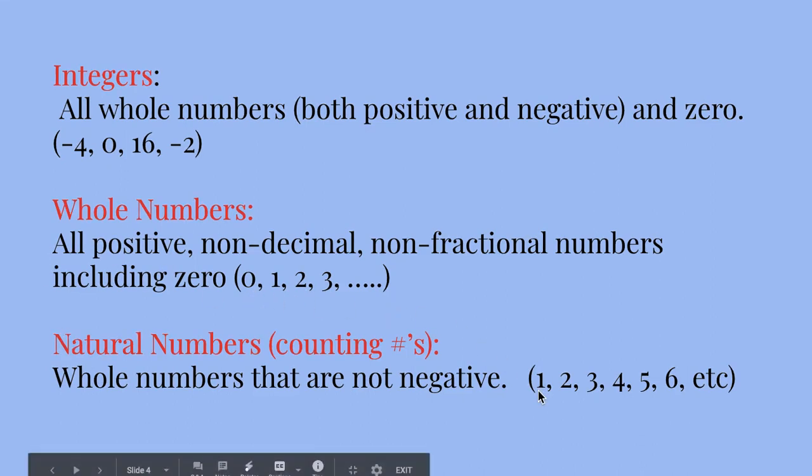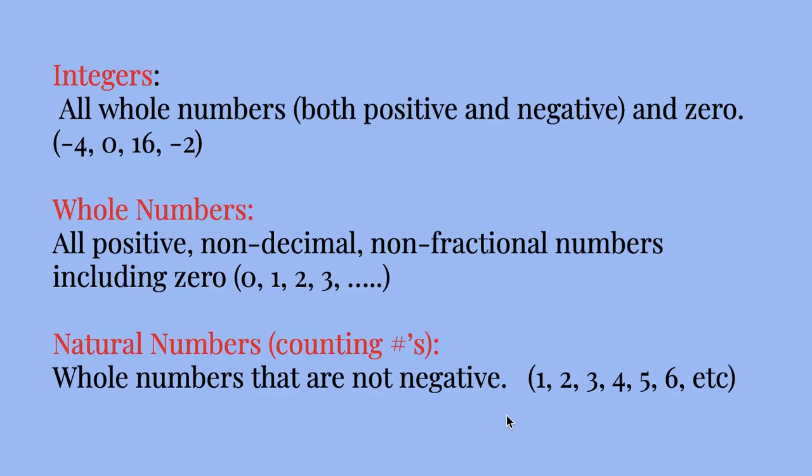Your natural numbers start at 1. It does not include the 0. That is the only difference between these two categories of numbers. Okay, so we've got 5 vocab terms so far that we need to know. We have to know the difference between rational and irrational. You also need to know the difference between an integer, a whole number, and a natural number.